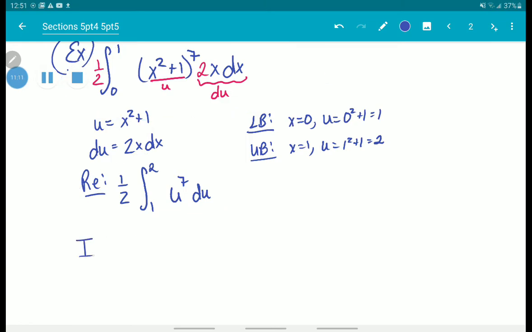So let's integrate and evaluate. When I integrate, I'm going to get u to the 8th over 8. And I'm evaluating from 1 to 2. So I've got 1 over 16 times u to the 8th, going from 1 to 2.